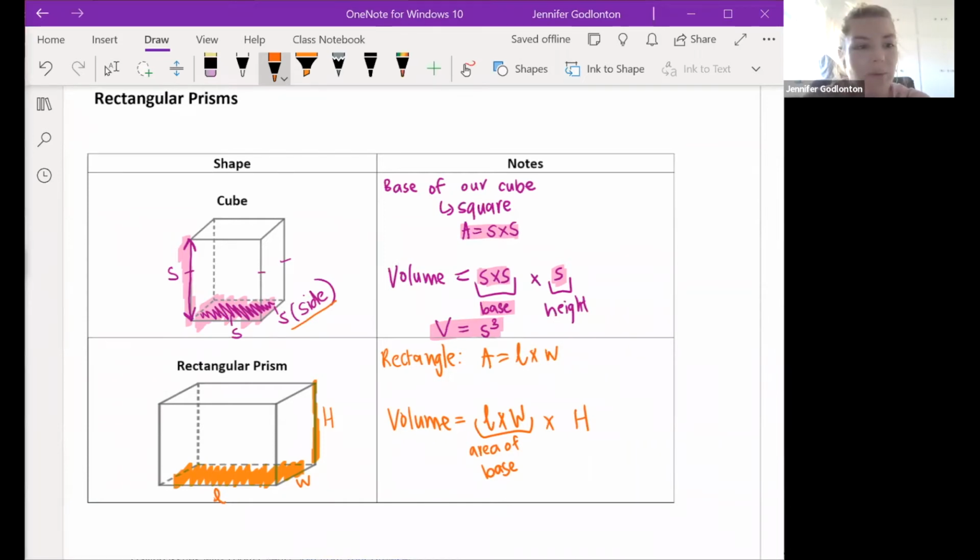Oshapeng, how can I help? Good afternoon. Ma'am, for the first one, for cube, is that answer S3? S cubed, side cubed.